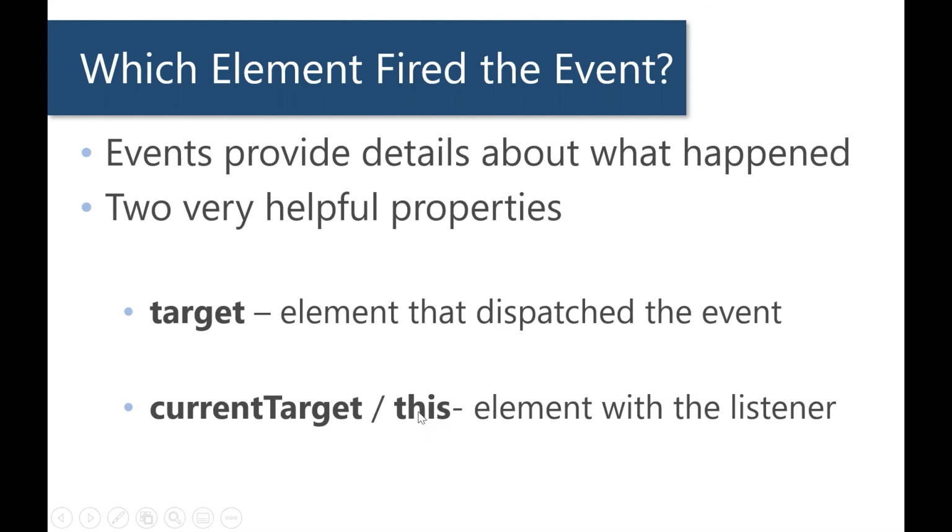The context of an event while it's being executed is set to the currentTarget. So for now, there is some nuance to this, but we're just going to run with the idea that for the most part, asterisk, currentTarget and this are effectively the same thing. There are some cases where that's not true, but I would say in the lion's share of instances that you're working with, this will be the case.